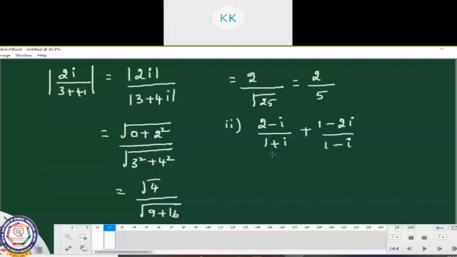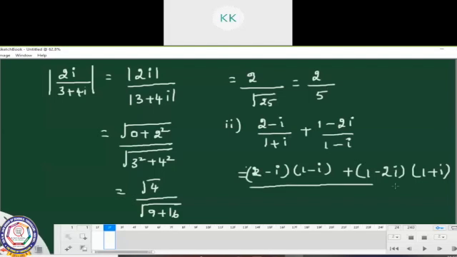So you can take the LCM. LCM means it gives 2 minus i into 1 minus i plus 1 minus 2i into 1 plus i, that is cross multiplication, the whole divided by 1 plus i into 1 minus i.